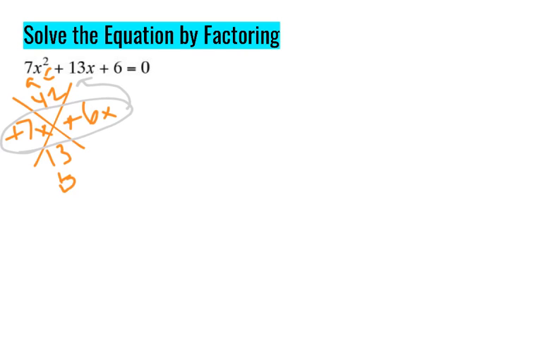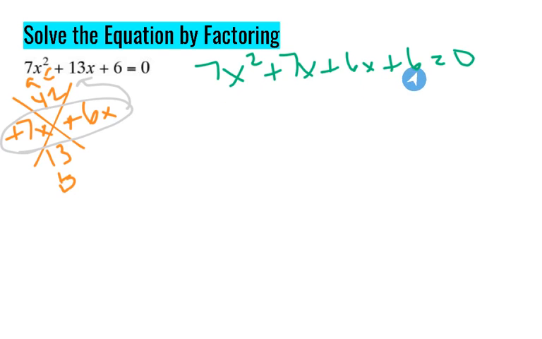So now I'm going to rewrite this, and instead of writing it as my three terms, I'm going to write it as 1, 2, 3, 4 terms, right? So I'm going to get 7x squared plus 7x plus 6x plus 6 equals 0. Don't forget our equals 0.